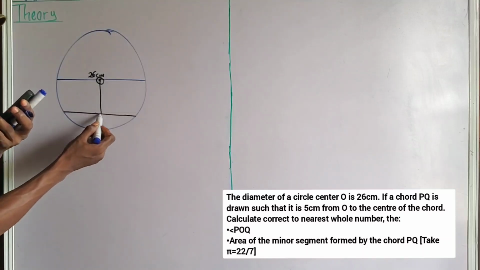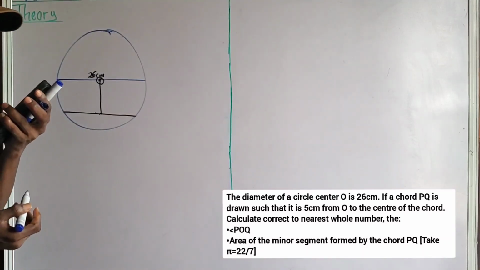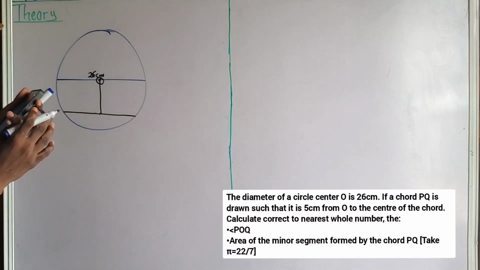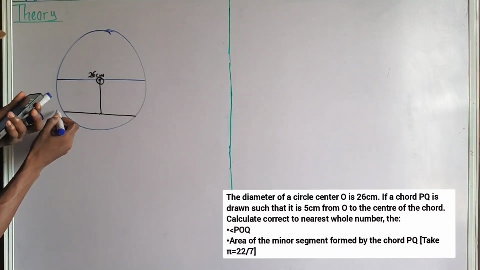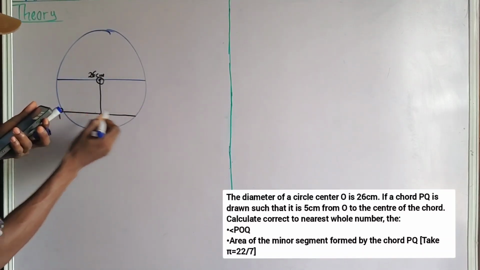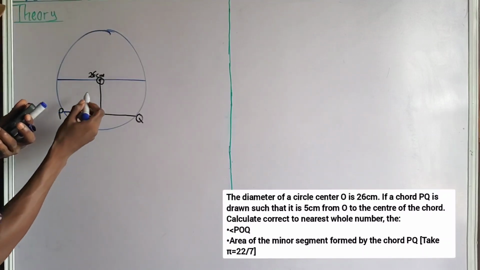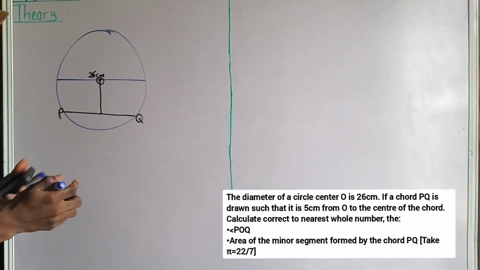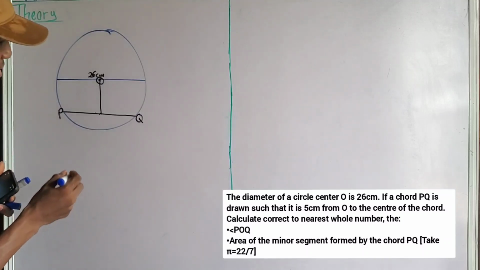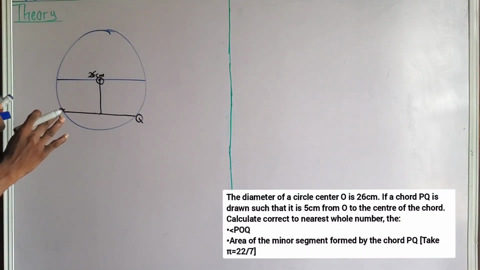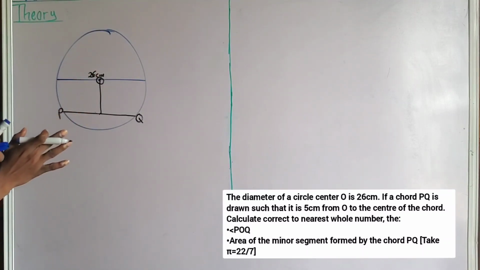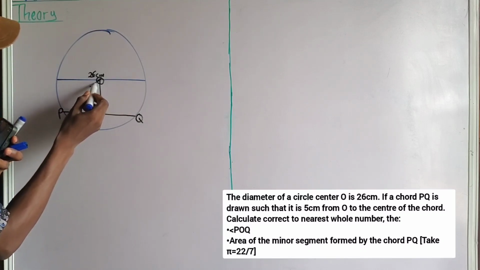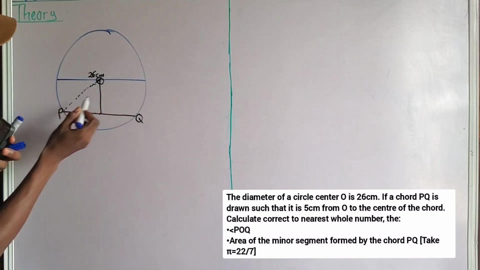To the center of the chord. This is the center of the chord. Calculate, correct to the nearest whole number, angle POQ. The chord is PQ. Now we have to calculate angle POQ. Listen to me carefully. This is all we are given in the question. From what we are given, we are able to obtain this diagram. Now, I'm going to sketch this point to this point to form a radius.